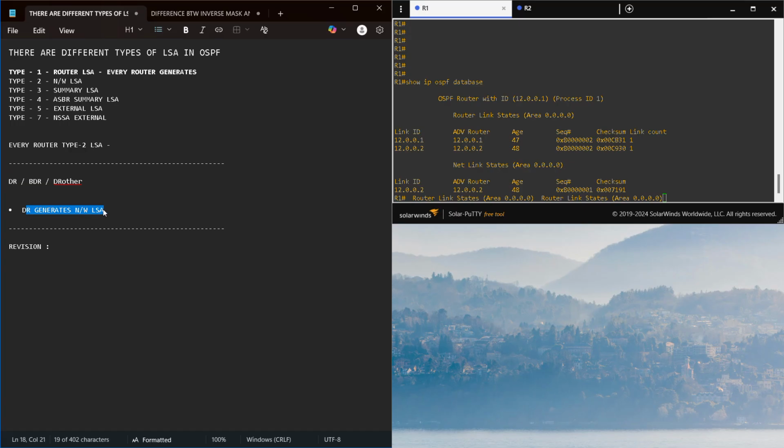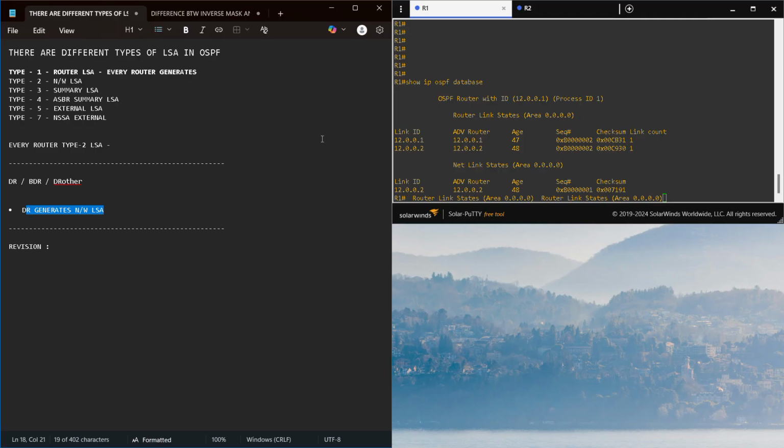Now what is this DR? We'll talk in detail about what is DR, what is BDR, what is DR other, but in short, to give an overview, DR stands for designated router, right? BDR is backup designated router. And the last one is DR other, that is other designated router. So in short, the designated router generates our network LSA.